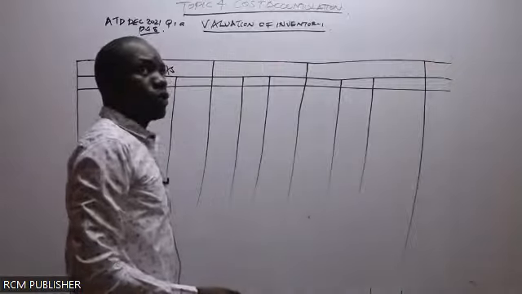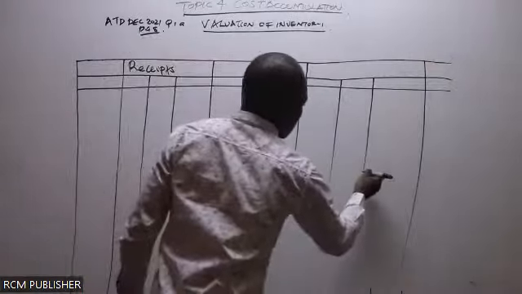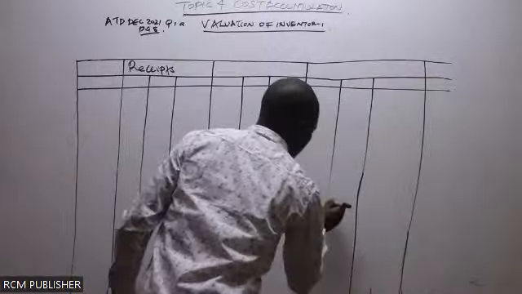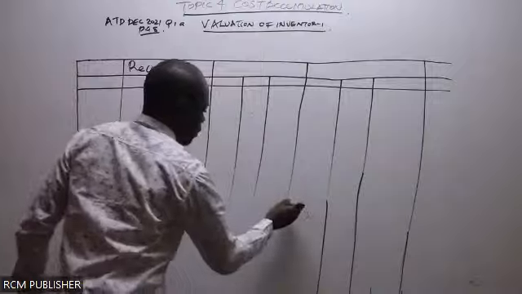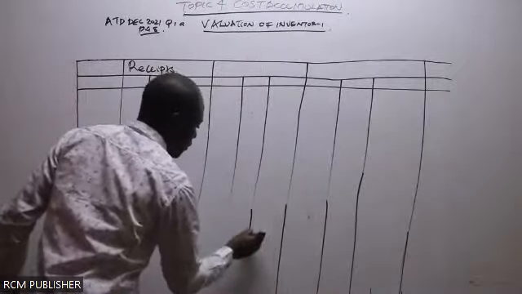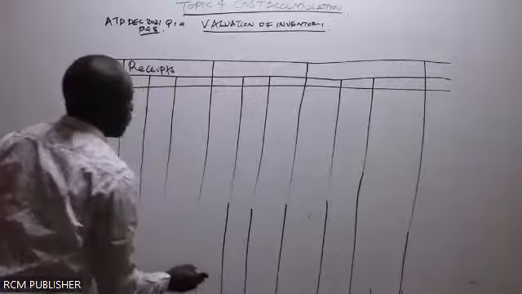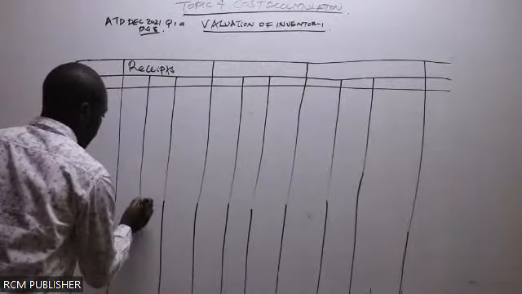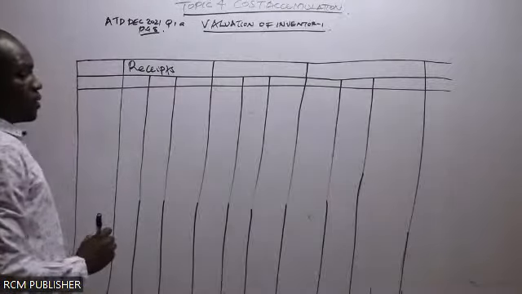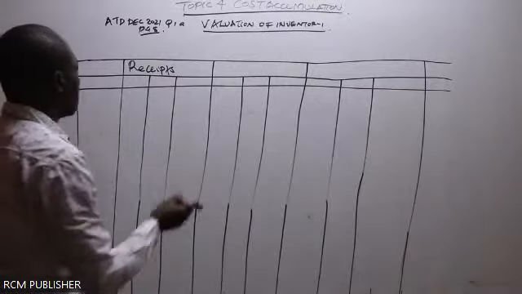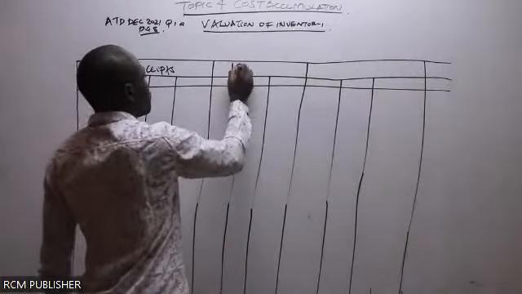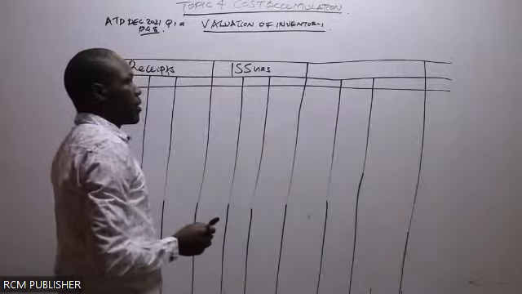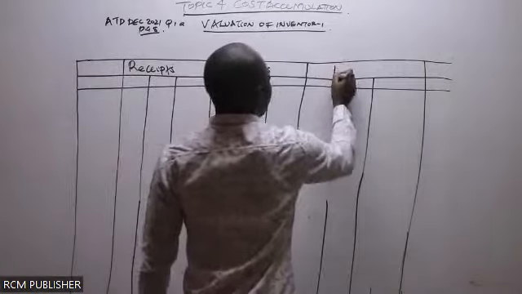That is what we are going to have for all of them. So we indicate receipts, then issues, then balance.